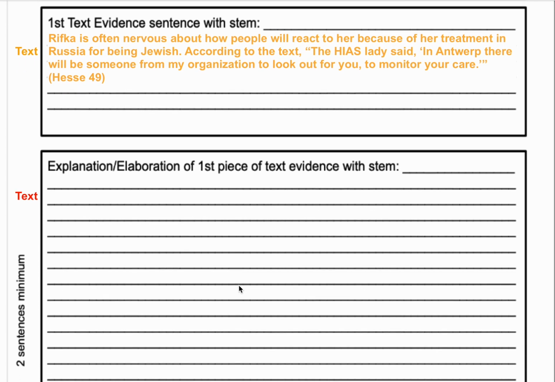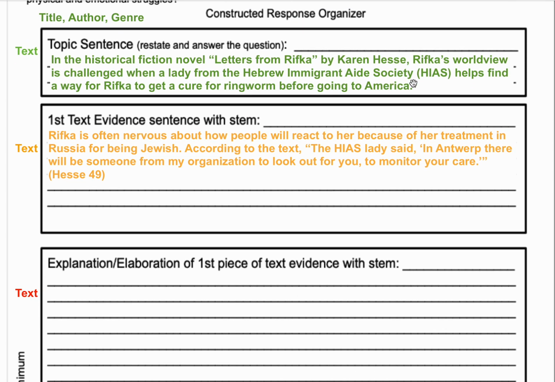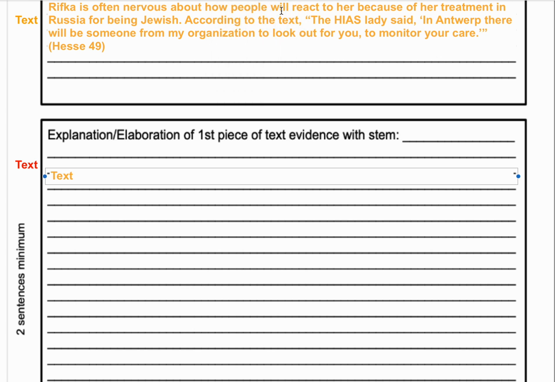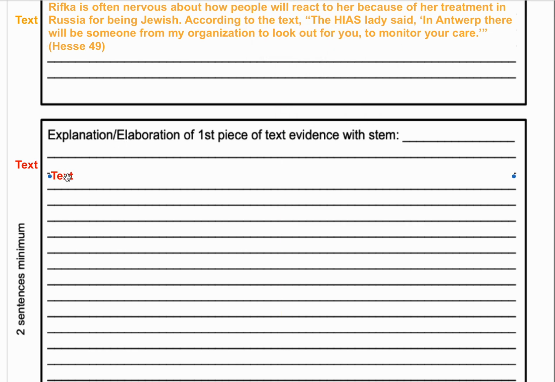Now we're going to move on to explaining how this evidence proves that her worldview is being challenged, okay? So now I'm going to switch my color to red because that's what we do. We stop and provide additional information or explain how our text evidence proves what we're saying. So now we're going to give a little bit more information about everything.